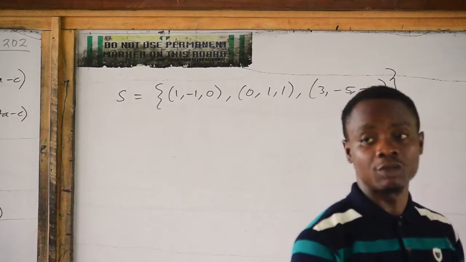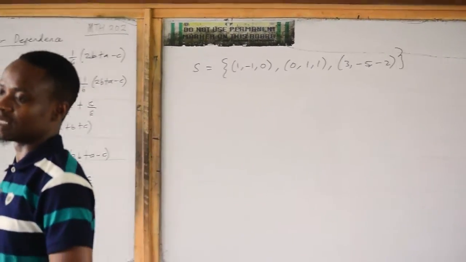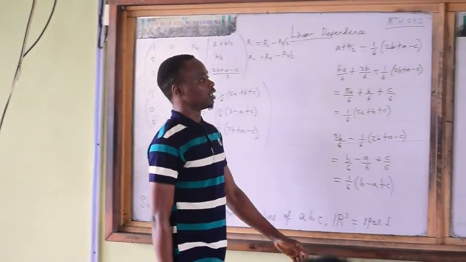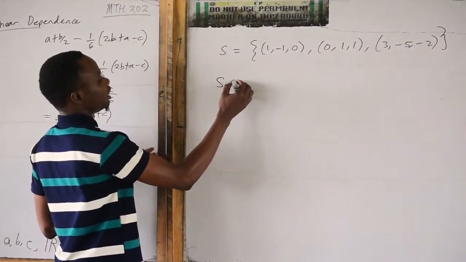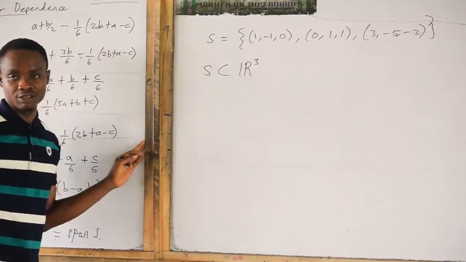So you approach this problem in a simple way. Listen, because it is a set of three-dimensional vectors, you can see that S is a subset of the space R3, obviously.